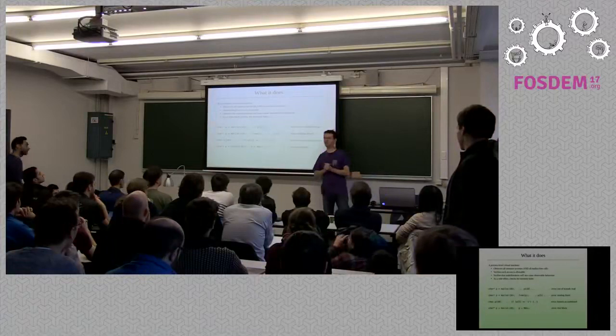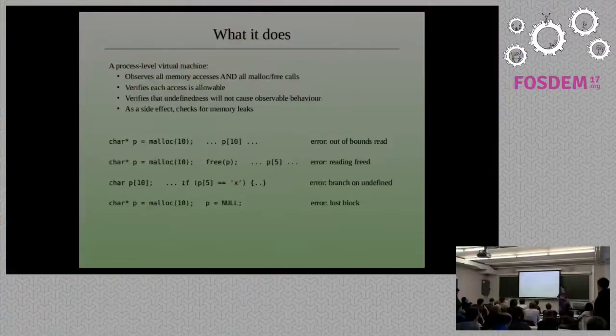It also observes memory allocation via movements of the stack pointer. So it's going to check that each access is allowable, and you want to make sure that if you are using undefined data, which you often are, even if you think you're not, that doesn't cause any observable bad effects.